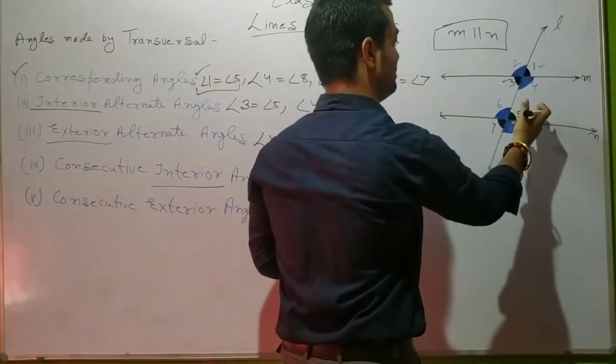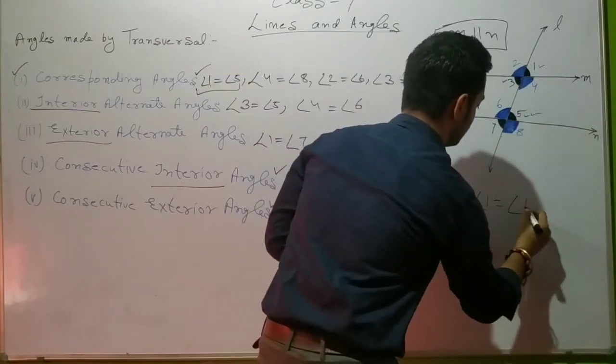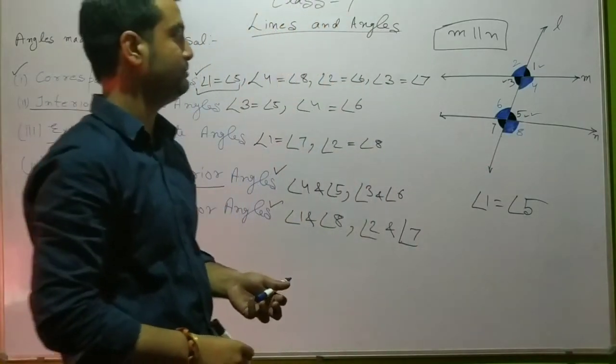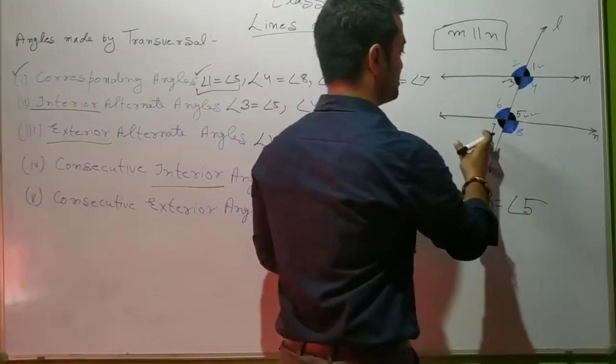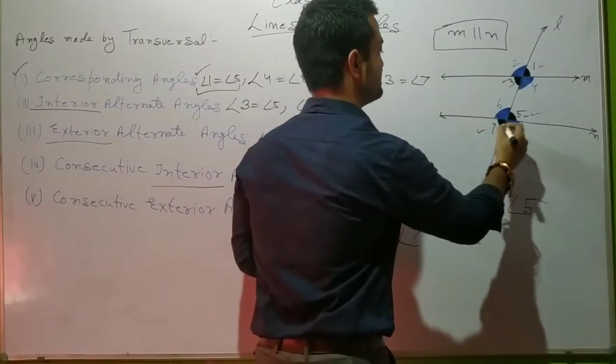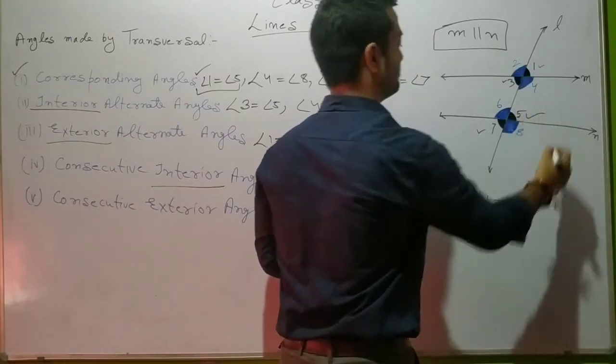By corresponding angles property we know that angle 1 is equal to angle 5. By vertically opposite angles property, angle 7 is equal to angle 5.